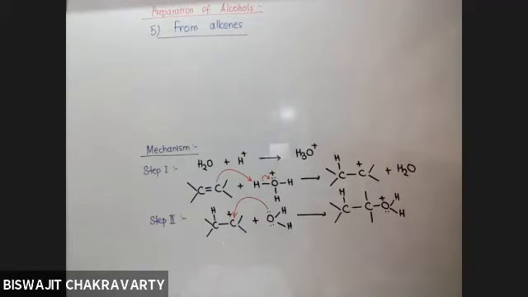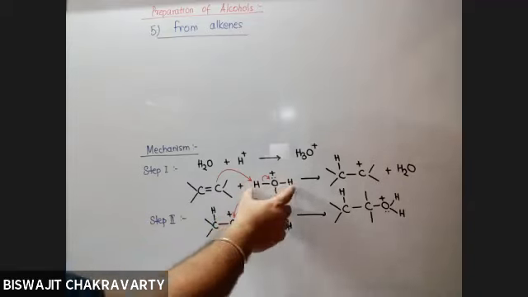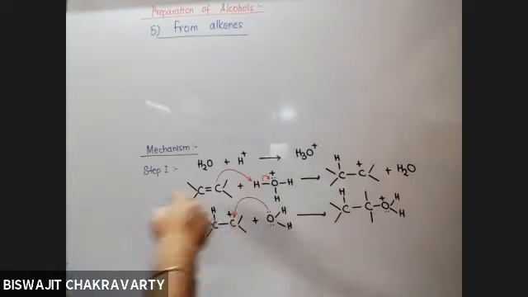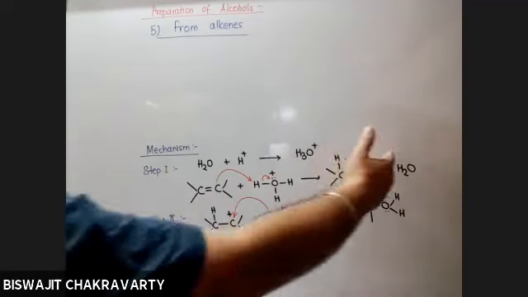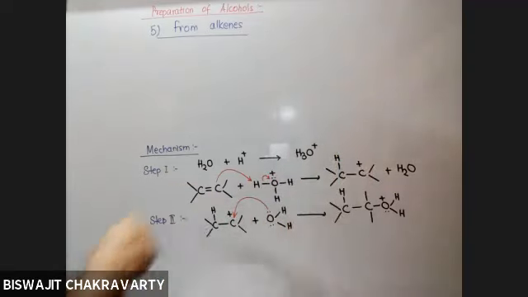And when this proton from H3O plus is taken by the C double bond C, you get the water back and the proton gets into the C double bond C. One of the carbons around the double bond will develop positive charge, and another carbon will invite the hydrogen. Okay, sir.